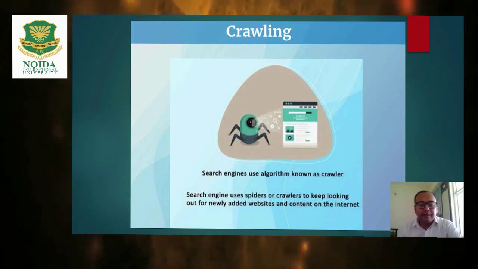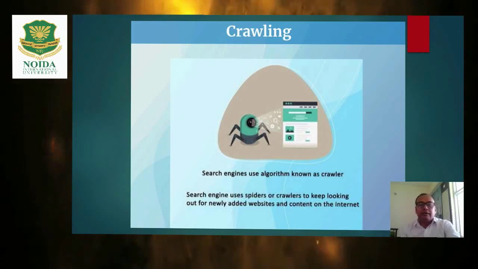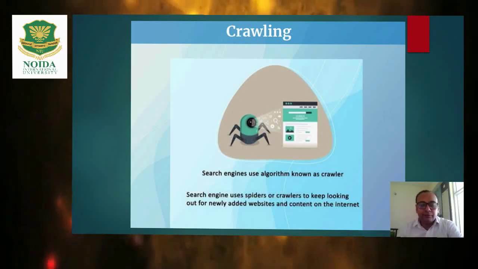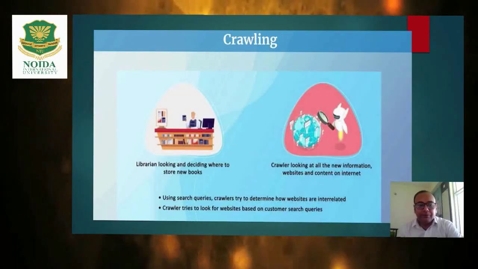So it is obvious that if you are finding something, you come up with a thing that you didn't know. A crawler is like a spider that comes looking for things to provide you greater information and new information.